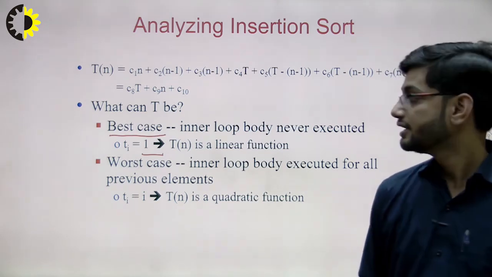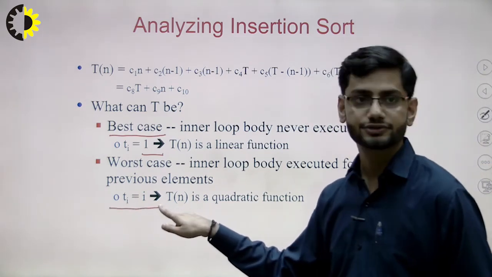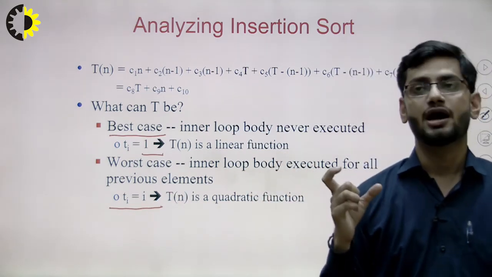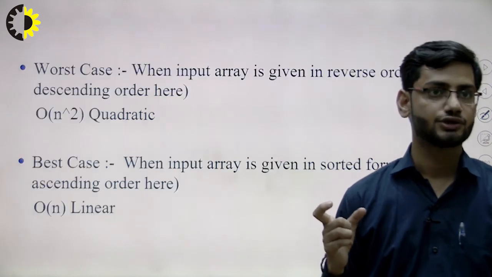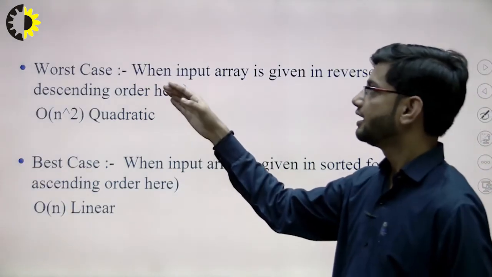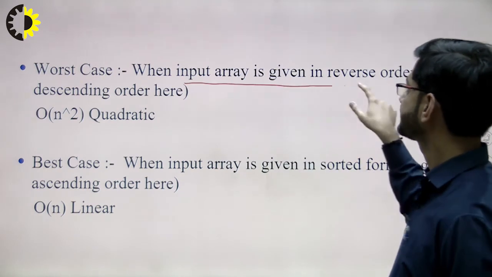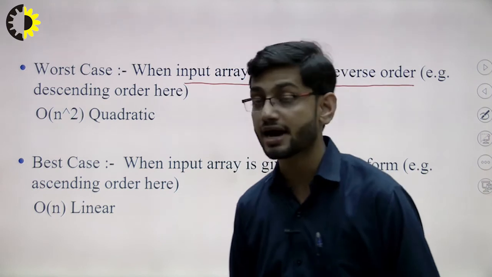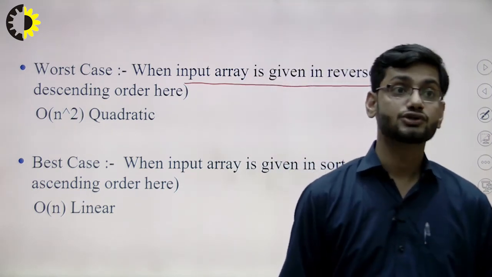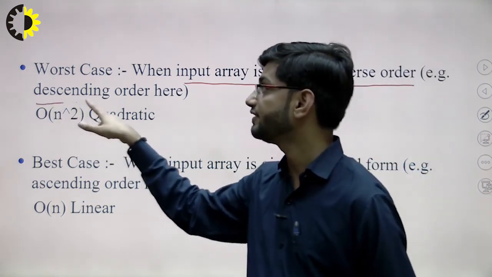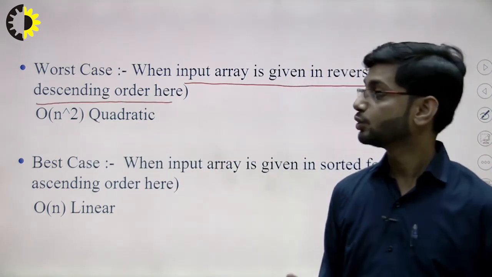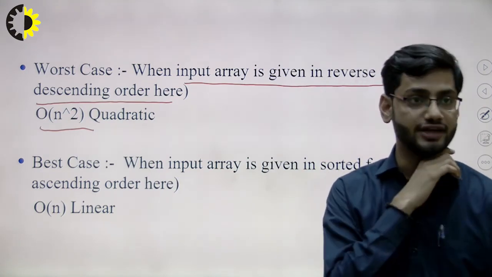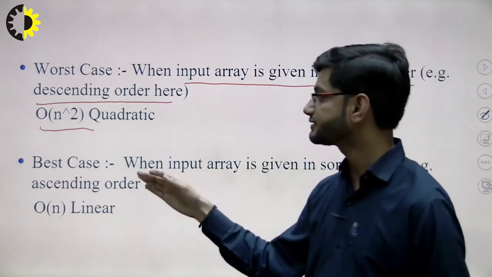In the worst case, the while loop executes i times, so the while body executes as many times as the value of i. So here I get my complexity as order of n squared.